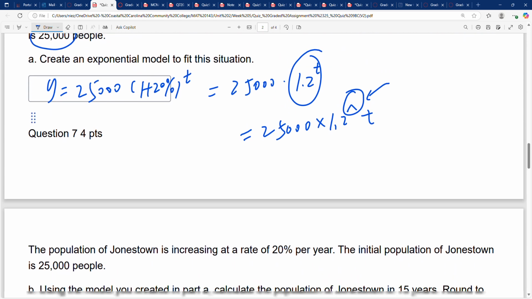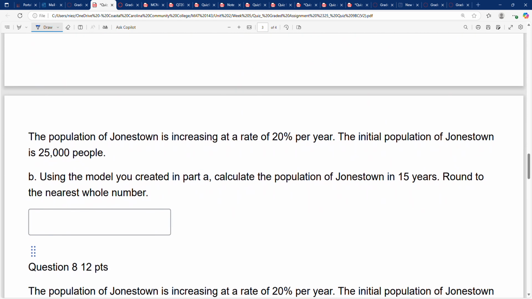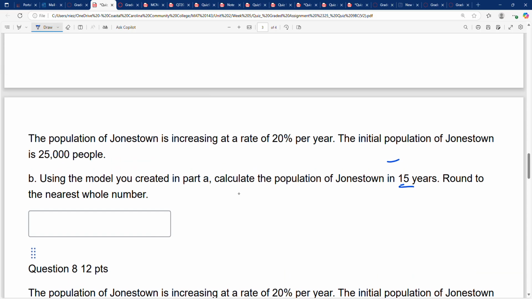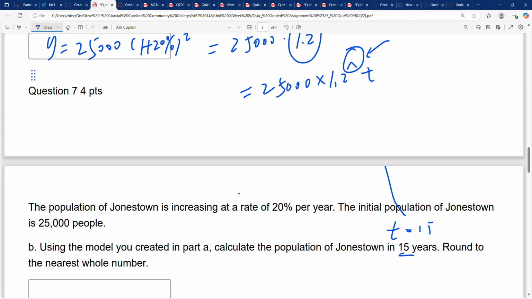Part A is to get the model. Part B uses the model to calculate the population in 15 years. So just plug t equal to 15 into this model, and then you will get the value.